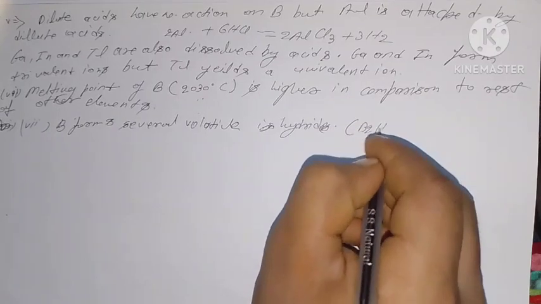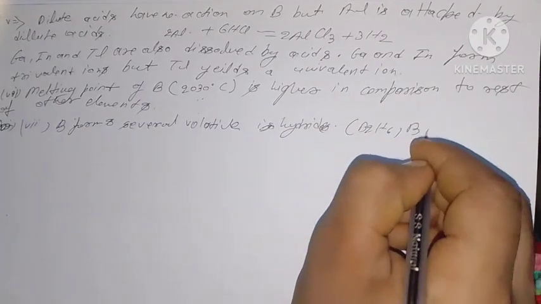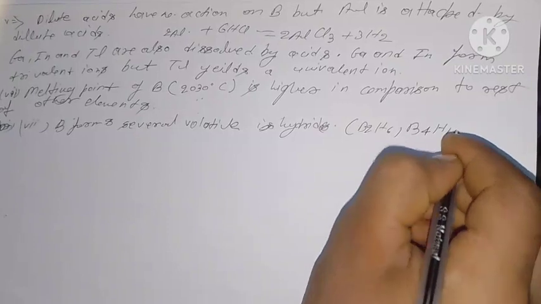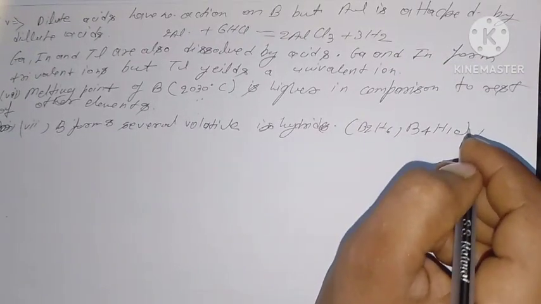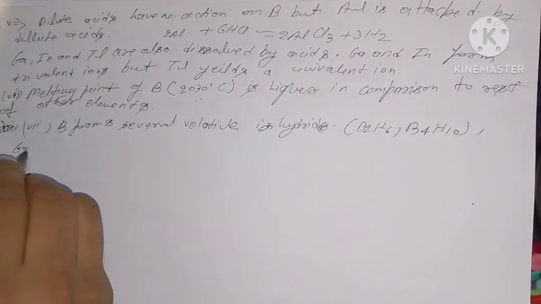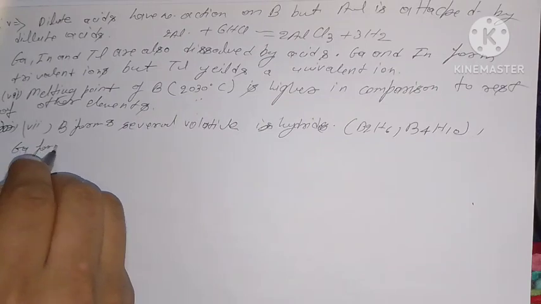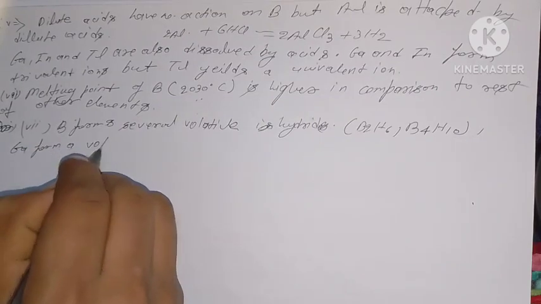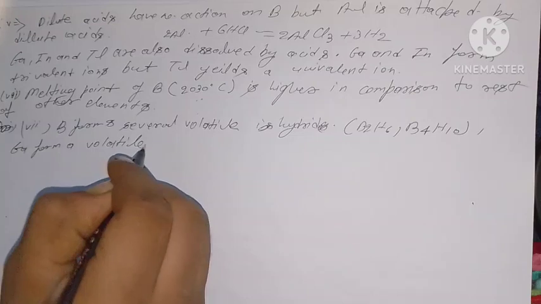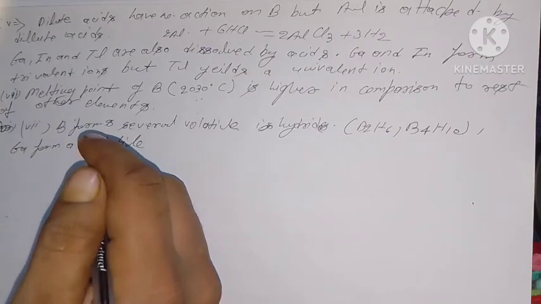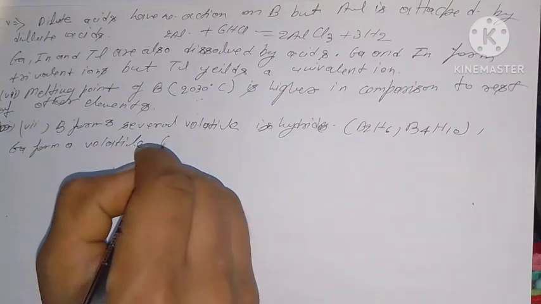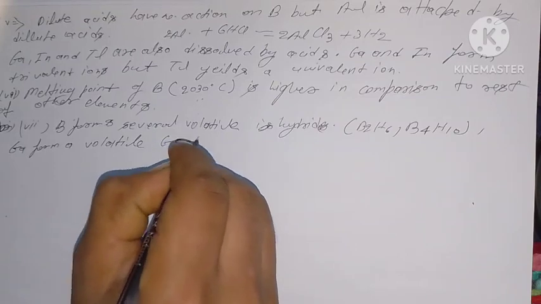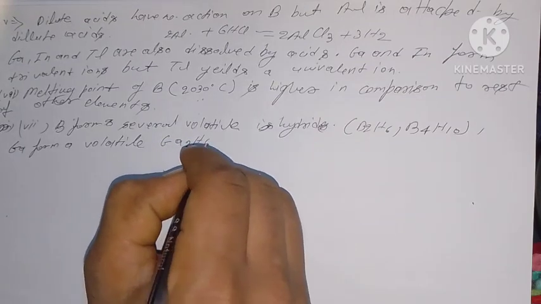Example: B2H6, B4H10, and gallium forms a volatile Ga2H6.